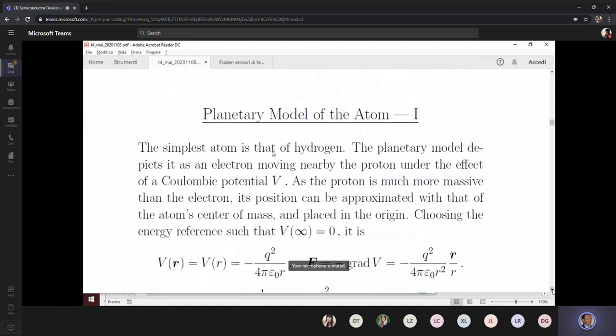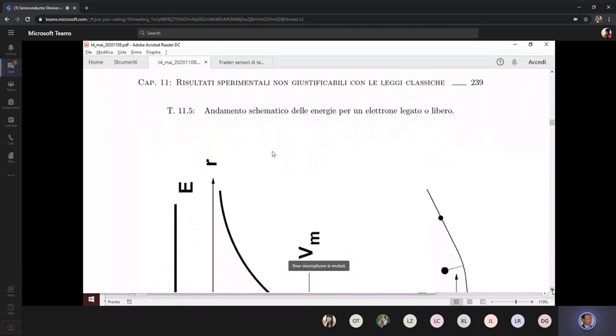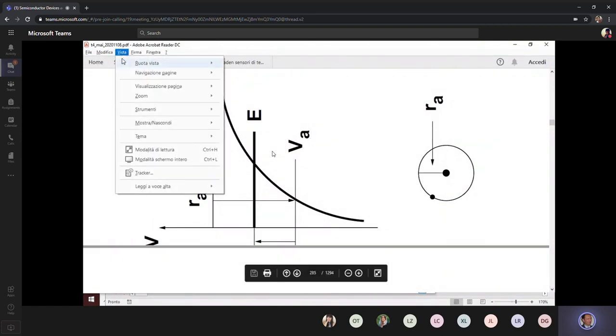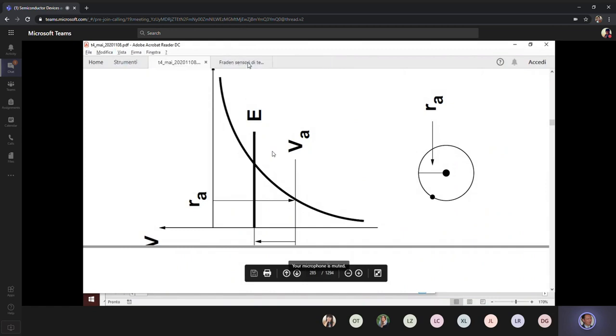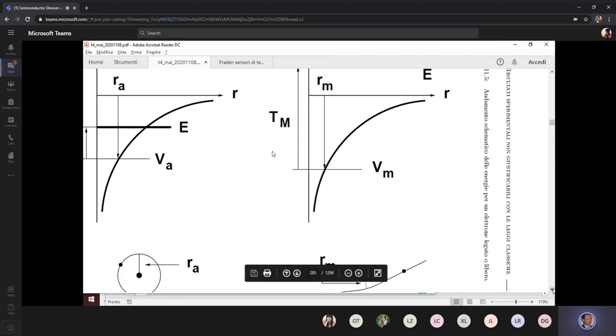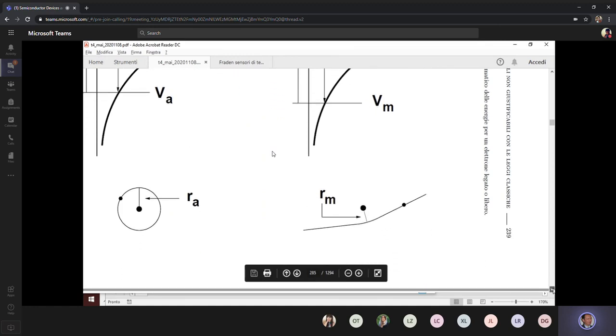So the simplest possible atom is the atom of hydrogen, and in order to describe the atom of hydrogen, they simply started with the so-called planetary model, okay, in which there is one proton and one electron.